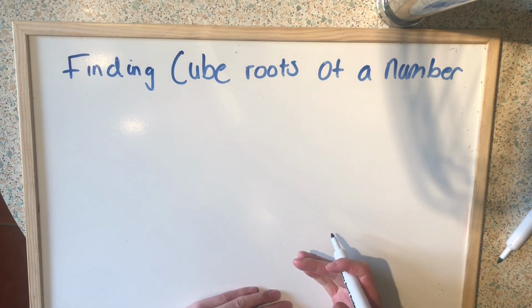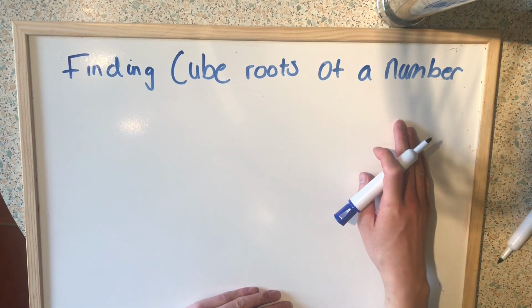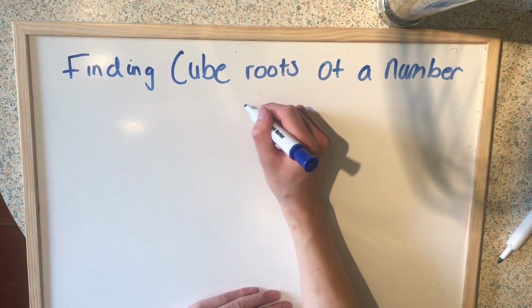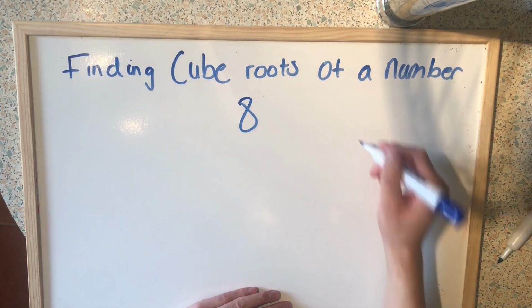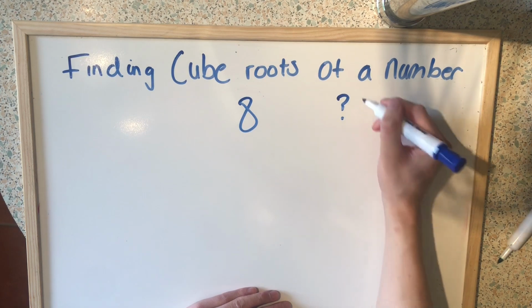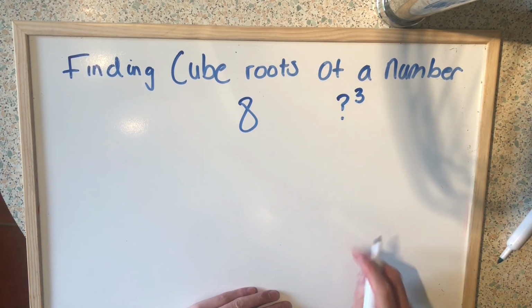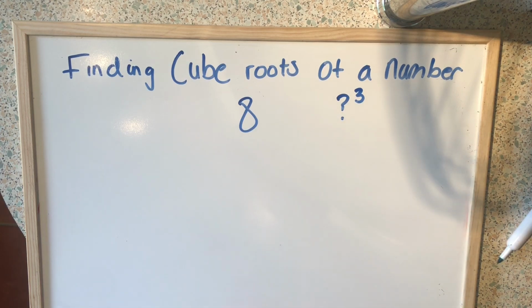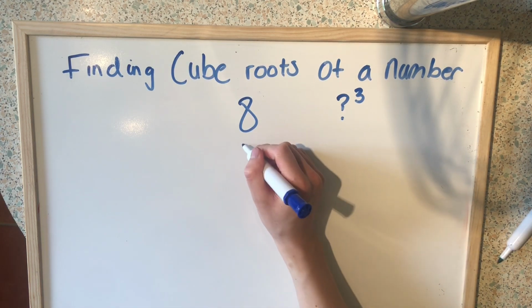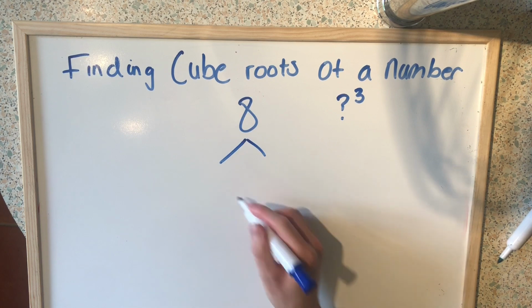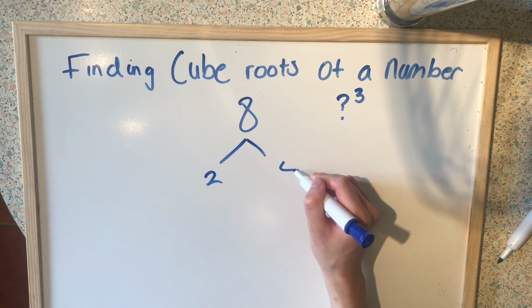So just one more example. Let's find the cube roots of, let's say, 8. So we've got some number cubed is going to equal to 8. And we have to find this number. So first step is we can split 8 into 2 and 4.